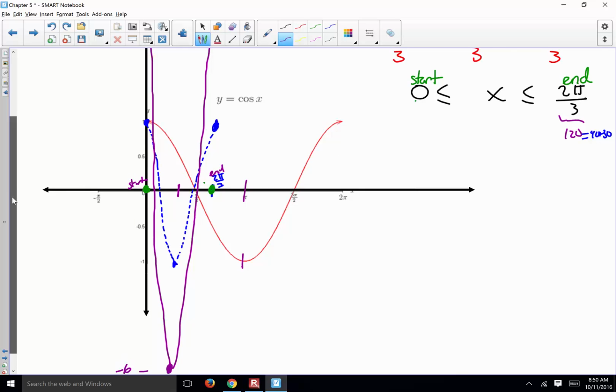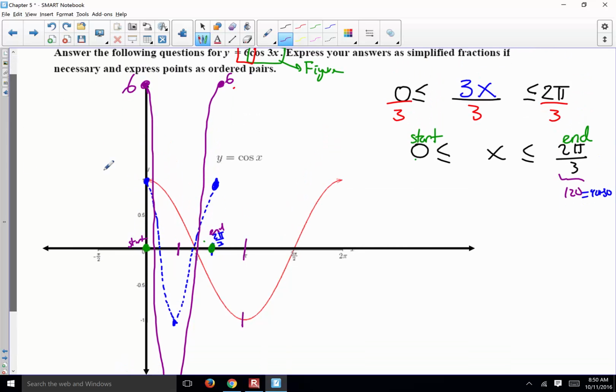I didn't tell you what the new period is. Look, it completed a dive and climb from what start to end value? What is this distance, the new distance? This is called the period, the new period. It used to be 0 to 2 pi, and it's now what? 2 pi over 3. Where do we find it directly?